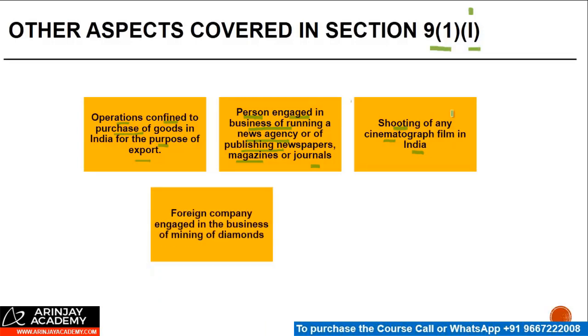For a foreign company engaged in the business of mining of diamonds, if they display certain uncut diamonds in certain specified zones, then just because of that display act, they will not be treated as having any income in India. If there's a business connection through an agent, then of course there would be allocation of certain income, but this is an aspect which we have discussed in detail towards the end.